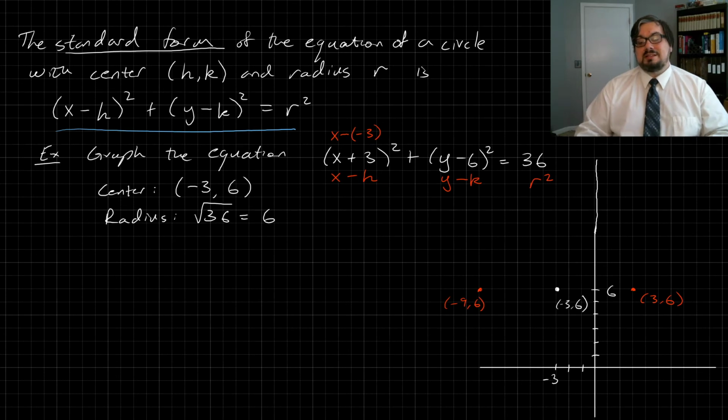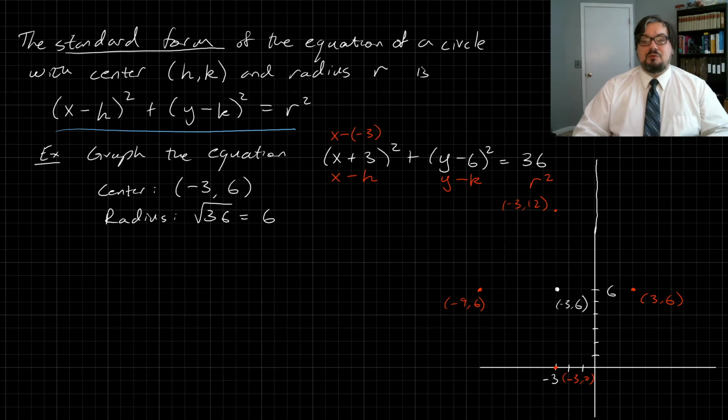So that gives me the points 3, 6 and -9, 6. Now if I go straight down, I'll get the point -3, 0, lying on the x-axis. And if I go straight up, I will get the point -3, 12.